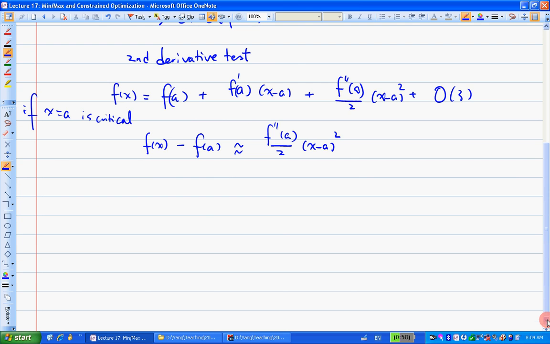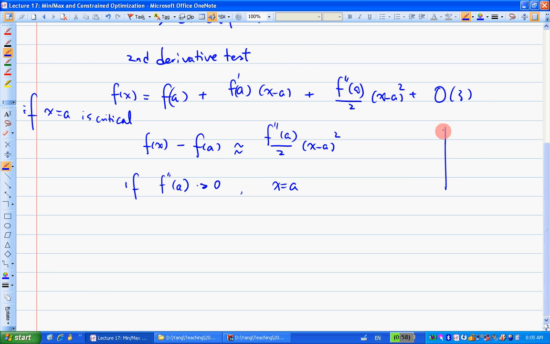Then here you have two situations. We're talking about the second derivative test. If f double prime of a is greater than 0, what do you think this x equal to a is? Do you think it is a minimum point or a maximum point? That's right, it's a minimum point, because it's greater than 0, basically any change around the point x equal to a ends up with a positive value.